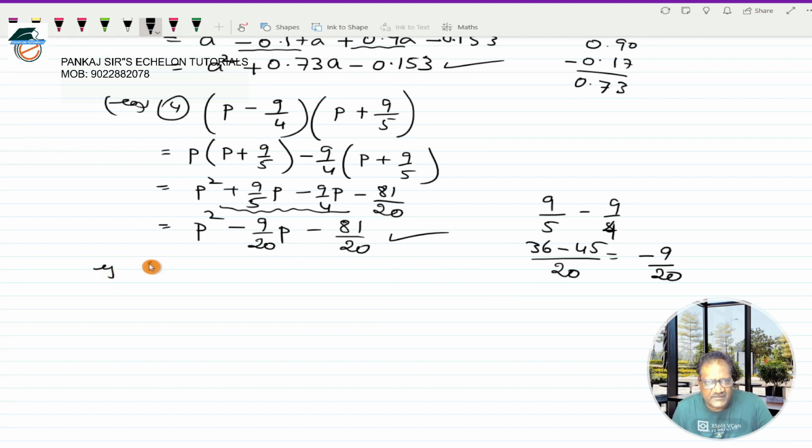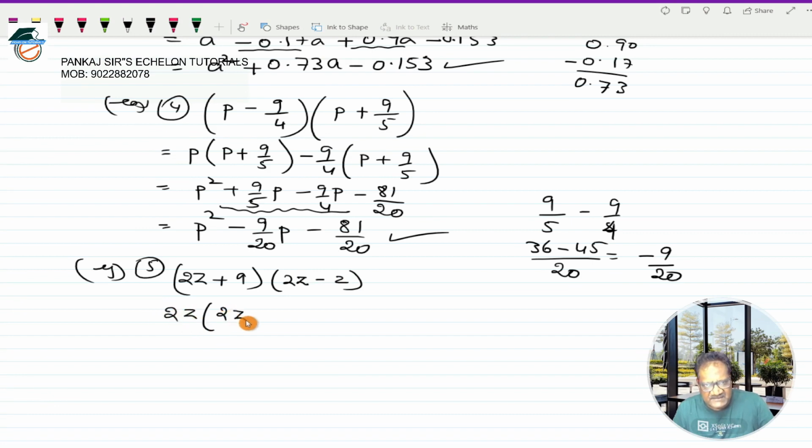And example number 5 will be (2z plus 9) times (2z minus 2). Okay, so here 2z I'll take first. I'll multiply by this second expression, that is 2z minus 2.